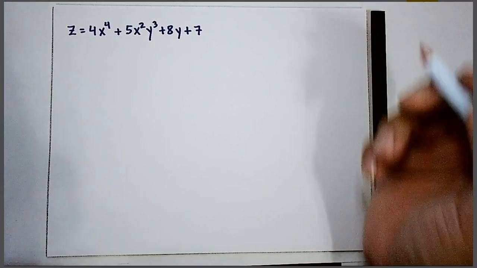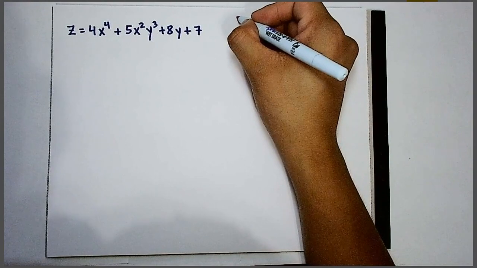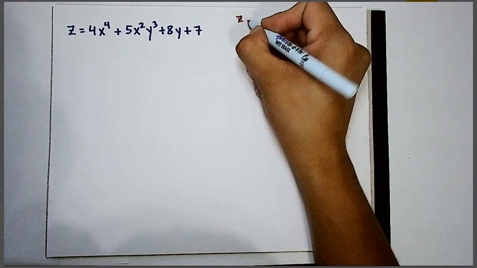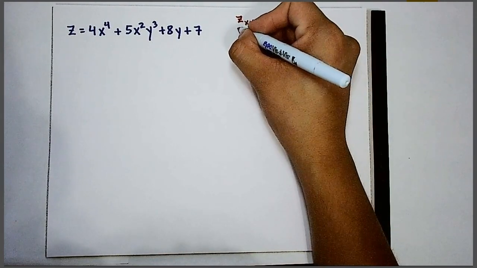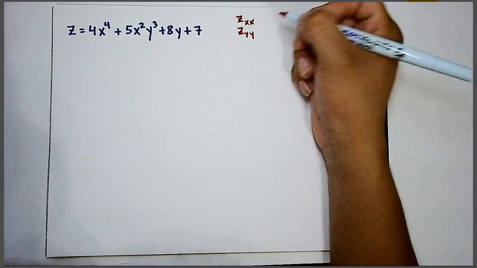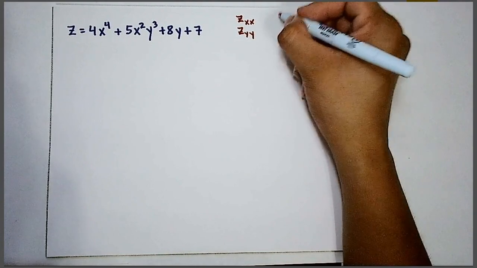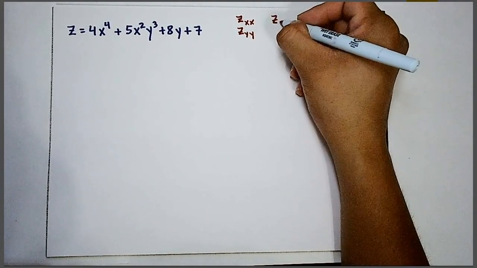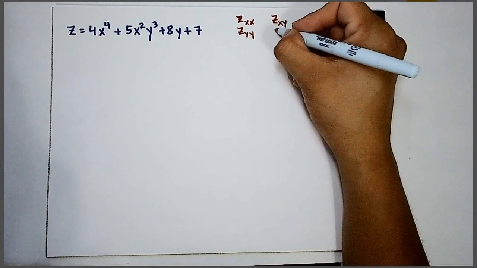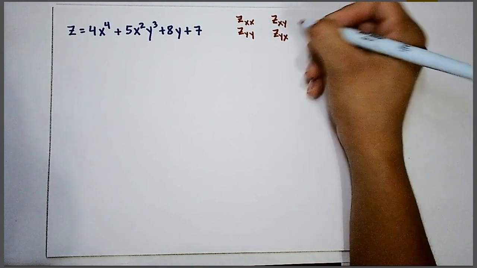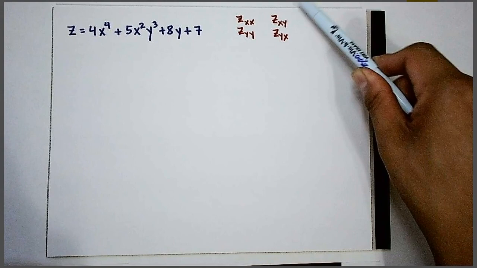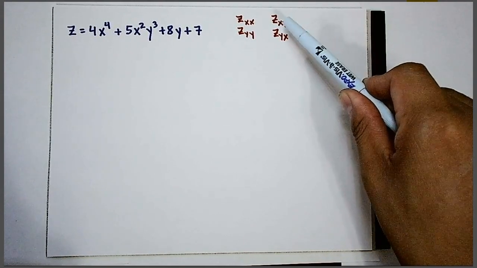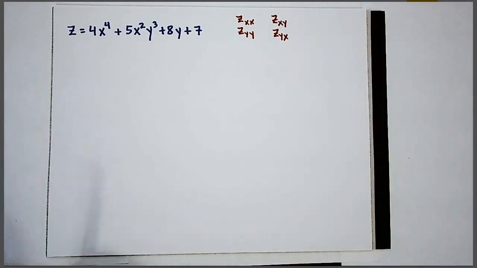This means that we will need the double partial derivative with respect to x and with respect to y, and the cross partial derivative with respect to x and then y, and then with respect to y and then x.